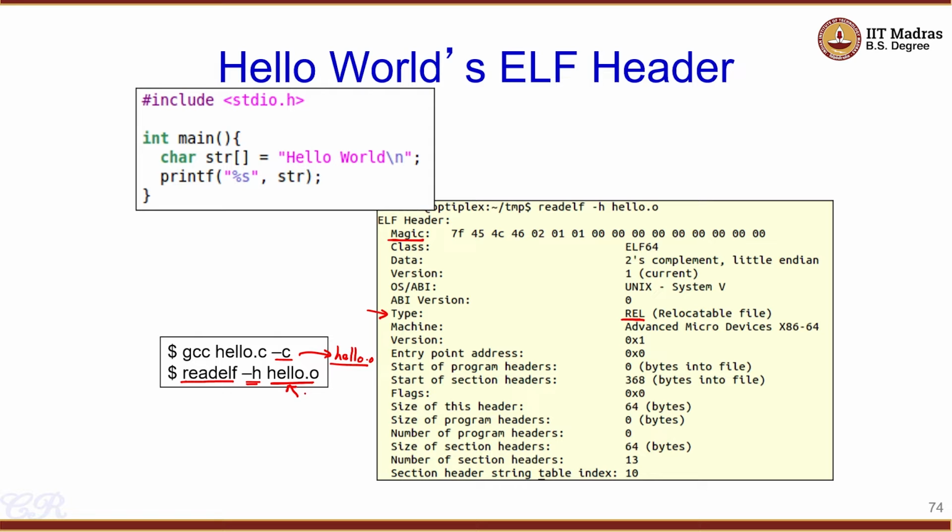The meaning of, or why this file is relocatable, is that the addresses are not fixed. What it means is that if this file is loaded within a virtual address space, it can be loaded at any virtual address, right? This gives the flexibility to the OS to manage the virtual address space of a process more efficiently.